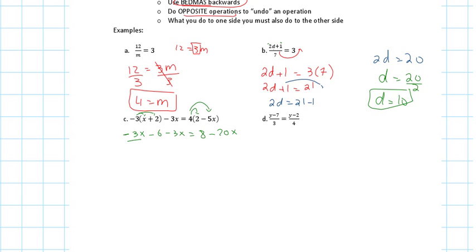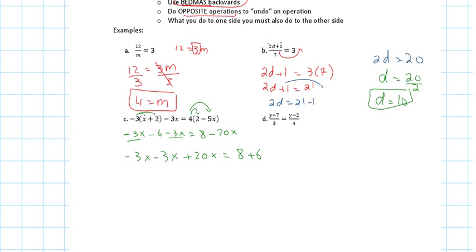So all I have to do is move the negative 20x over and move that negative 6 to the other side. You guys understand that part? So I have negative 3x minus 3x. When I bring the negative 20x over, it becomes positive 20x. And I have 8. Again, I'm going to bring the negative 6 to the other side, and that becomes a positive 6.